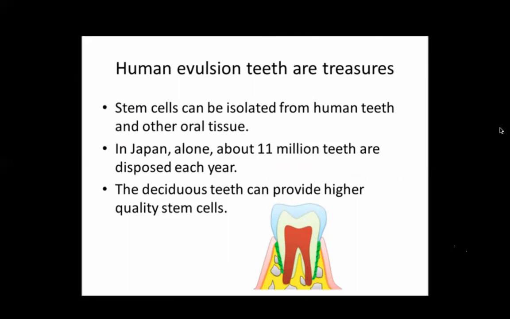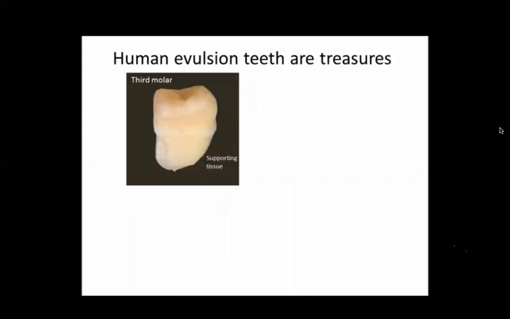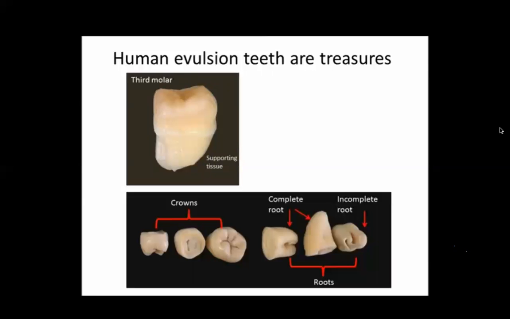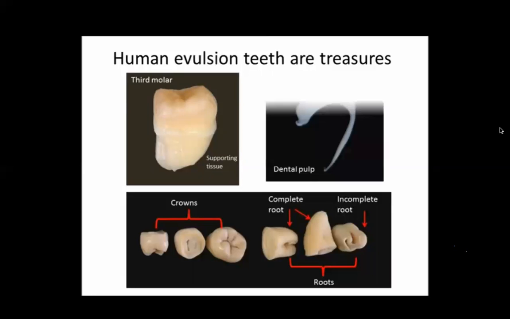However, teeth and their surrounding tissues are not useless. They are handy because we can obtain stem cells from them, and especially the deciduous teeth are more valuable because they provide higher quality stem cells. Here is a human tooth, a source of stem cells. When you cut the tooth like this, you see the dental cavity like this.